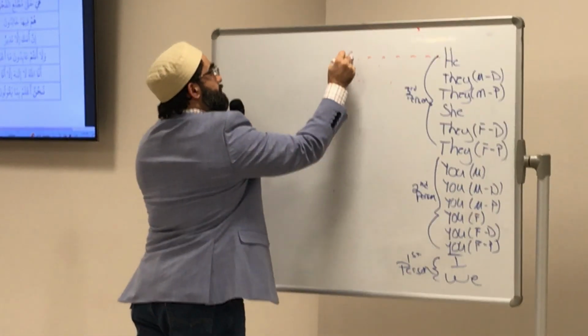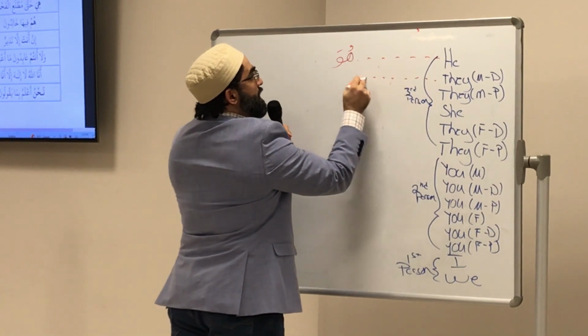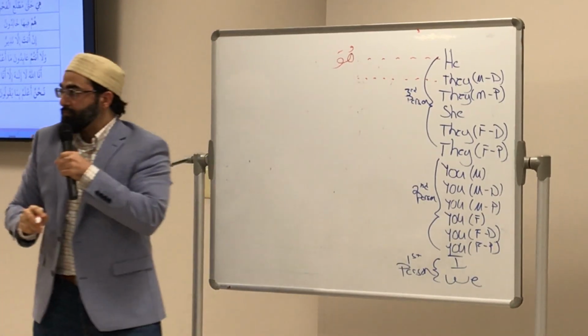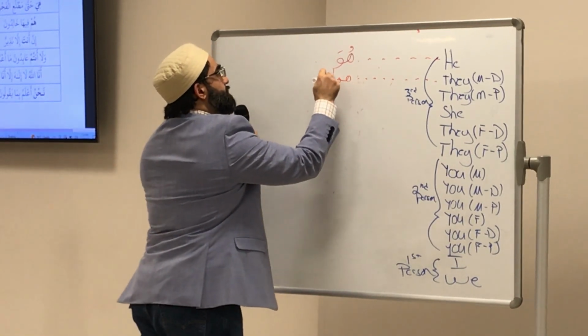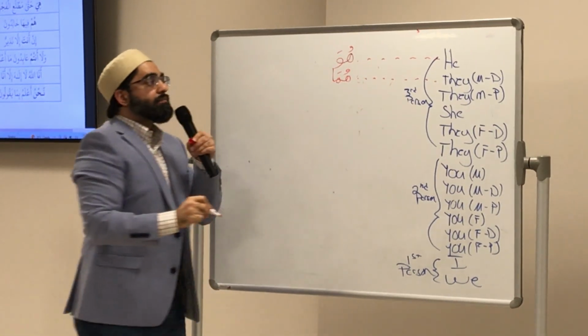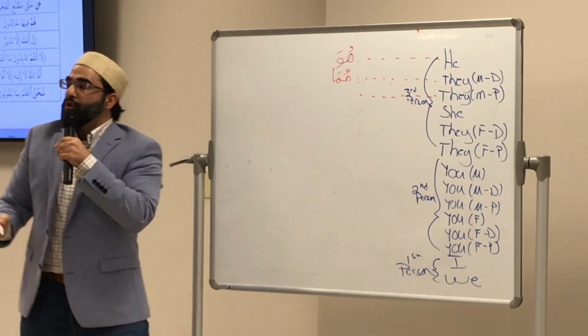All right. So now, in Arabic, when I want to say he, what do I say? Huwa. If I'm talking about two males, huma. If I'm talking about three people, at least one of them male, hum.